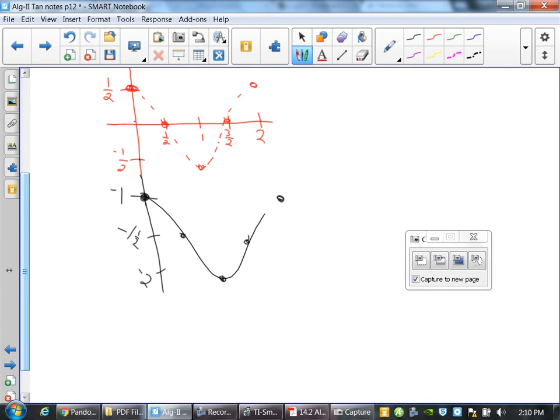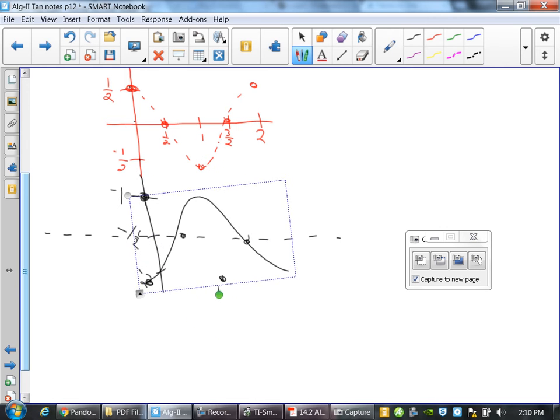It's doing this, but it's flipping it over that axis. So it's just making A negative. It flips it. When you see it reflected over an axis, it's just making your A value negative.